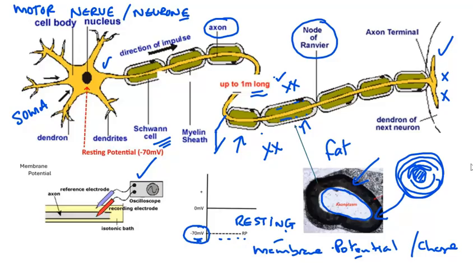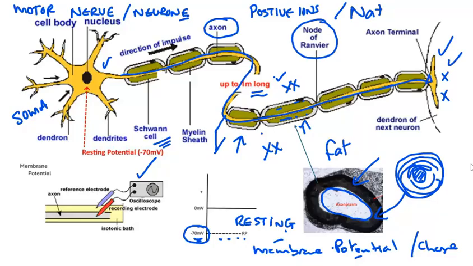Now, the nature of a nerve impulse is actually a flow of positive ions, and in particular, the flow of sodium ions, which flow as a wave along the inside of the axon from the cell body all the way down to the neuromuscular junction, where it will trigger a muscle contraction.